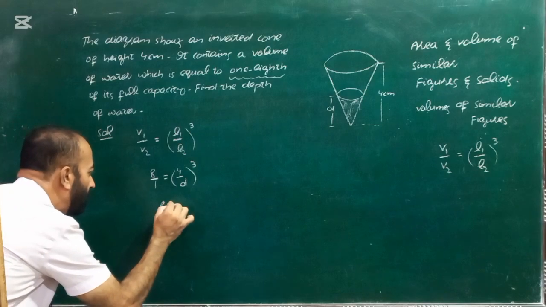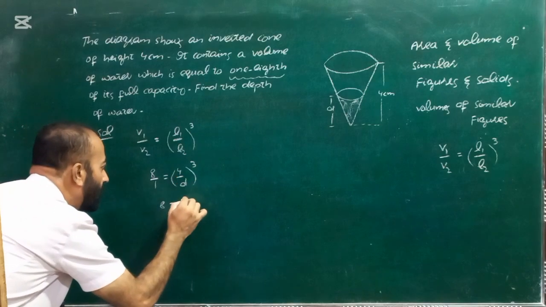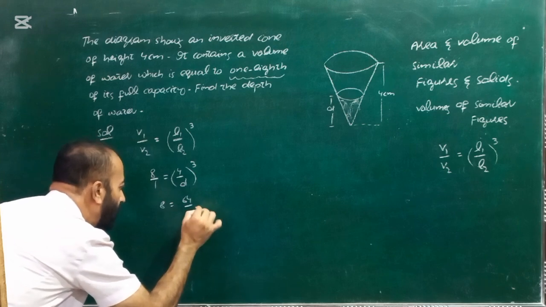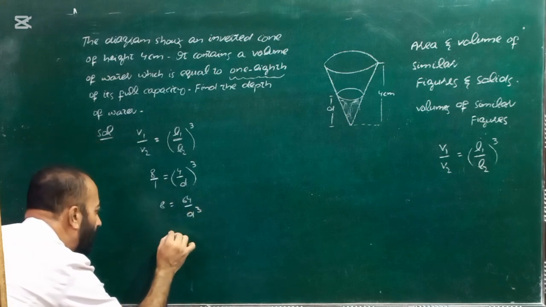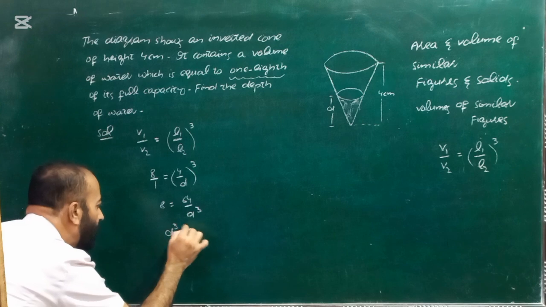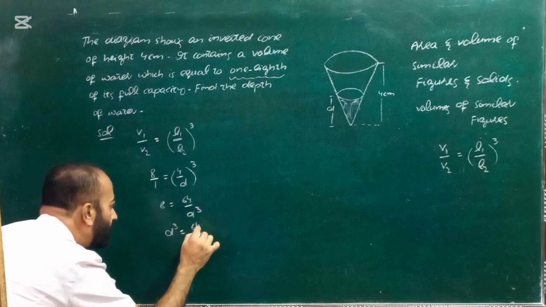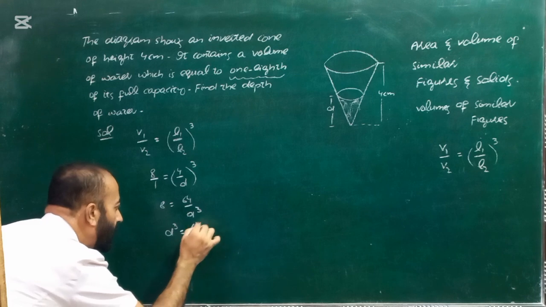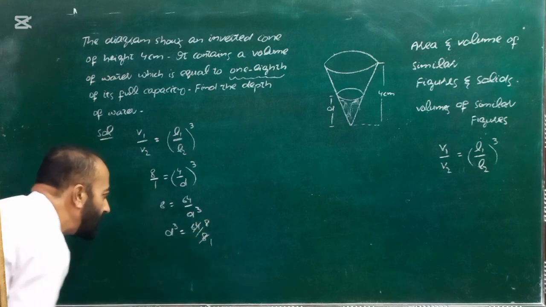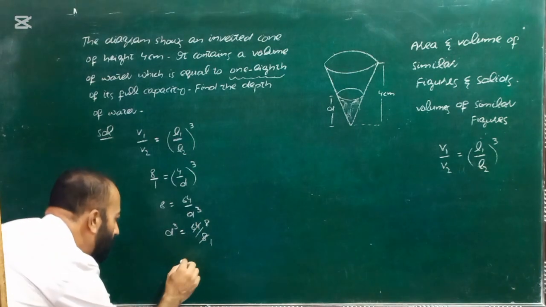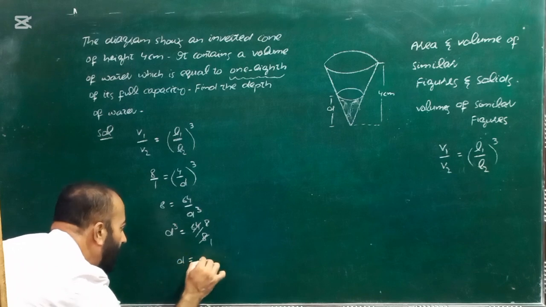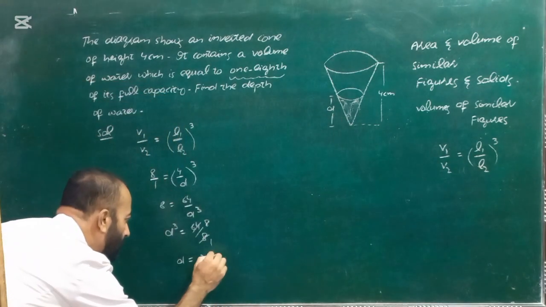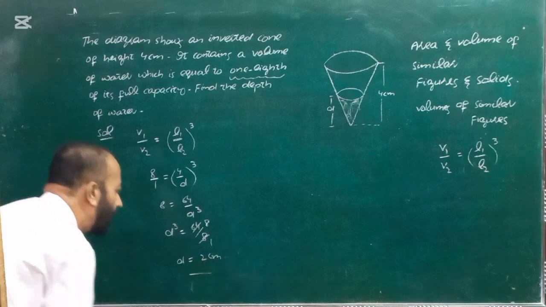So 8 will be equal to 64 over D cube. From here D cube will come here and 8 will go to the denominator of the 64. So from here 8 ones are 8 and 8 eights are 64. So taking cube root of both sides will give us D is equal to 2 and unit is centimeter. So this is the answer.